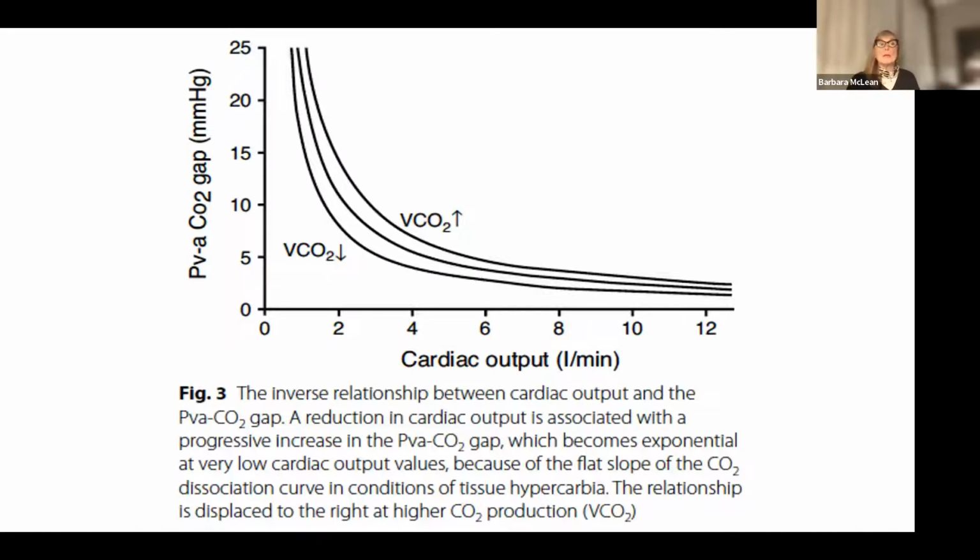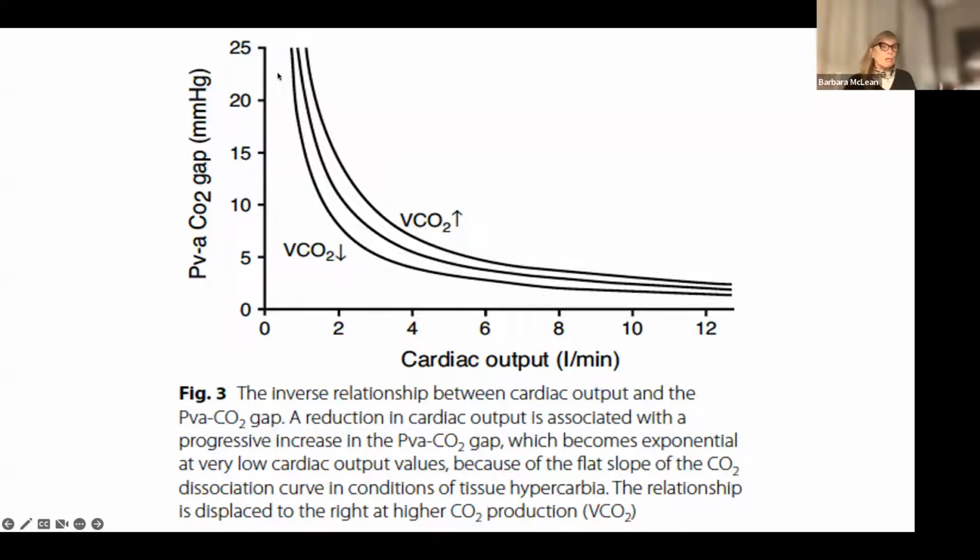But I do want to show you this inverse relationship between cardiac output and the PvaCO2 gap. So here you see cardiac output from 0 to 12. Here you see gap from 0 to 25. And you can see that when your cardiac output drops, your gap between PvCO2 and aCO2 rises.